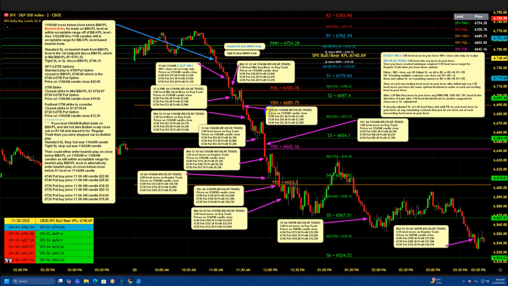Now here on this 11:30 a.m. candle, which is 12 minutes later, we have a YDH hit. So again, going back to this note here: after the minimum 1.5 level move in your favor, any PMH, PML, YDH, YDL, and YDC level that happens to be in the direction of the move continuing in your favor after that minimum threshold's been met, those are additional waypoints.